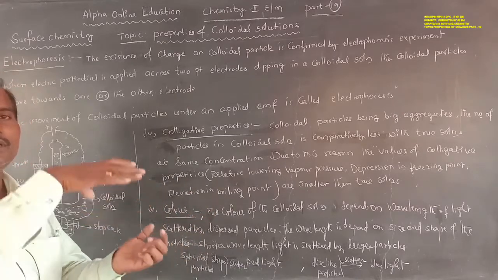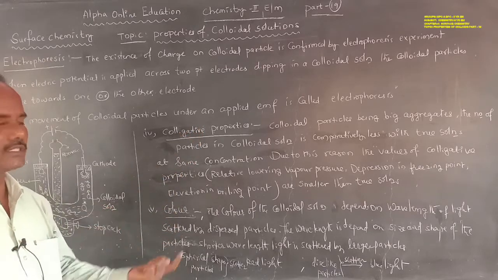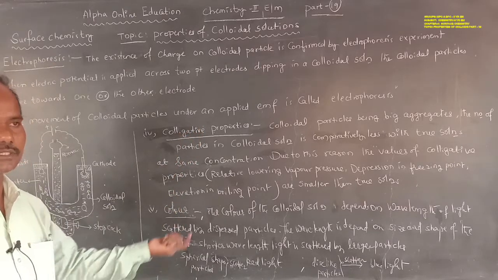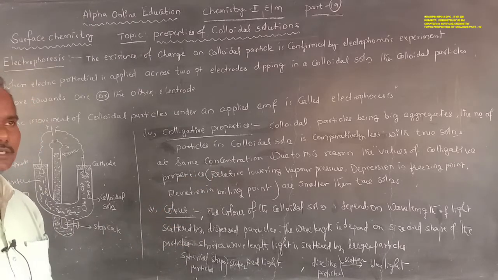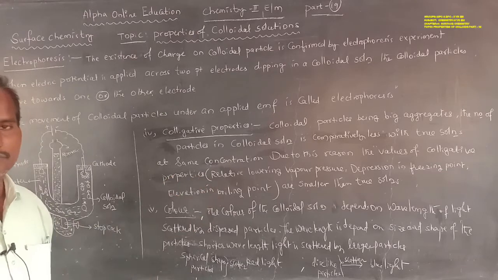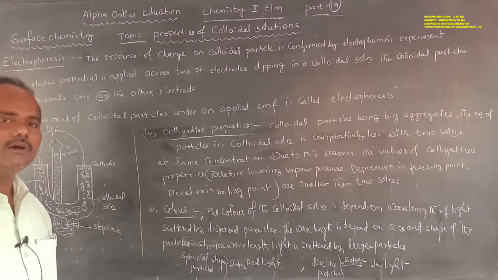The number of particles in the solution is less than in true solutions, which is why their colligative property values are less. Then color depends upon the wavelength of light scattered by the dispersed particles.